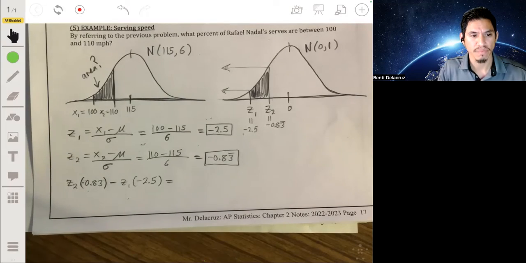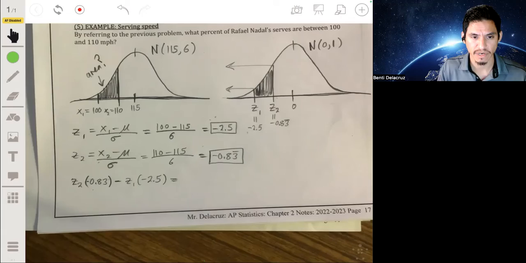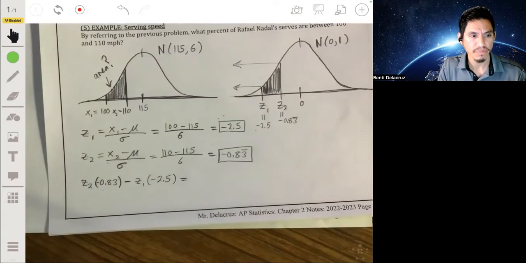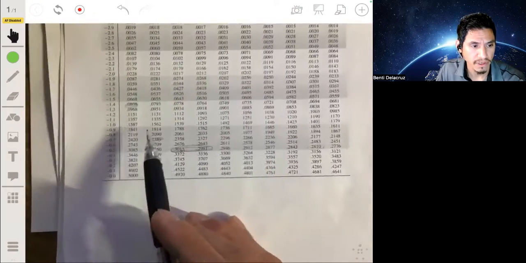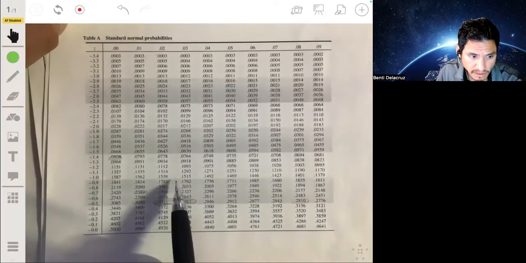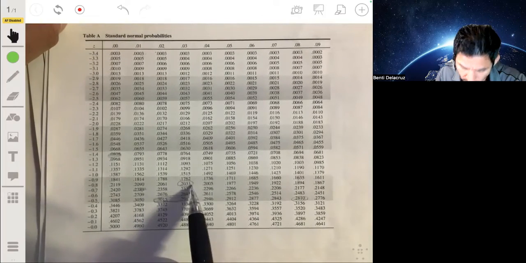That way we don't have to subtract the values from one. We can go straight and find the areas to the left. So the area to the left of negative 0.83, we get our negative value, negative 0.83, and it'll be 0.2033.